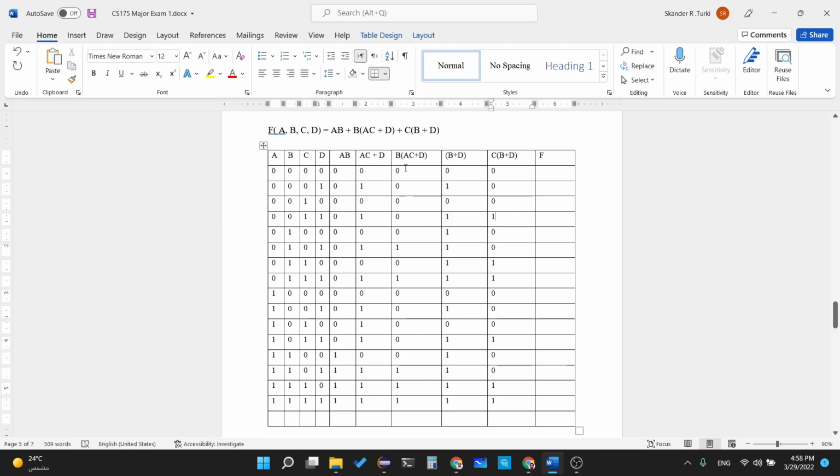Okay, now we have AB or B. Let's color these columns so that we don't look at other columns. These are the only columns we need to care about now. So F is 1 whenever any of these columns is 1.